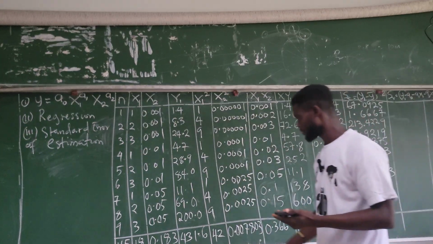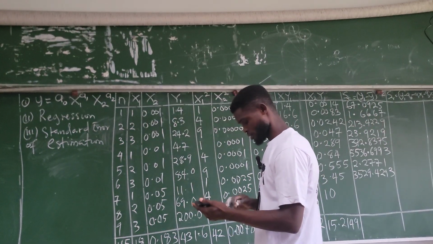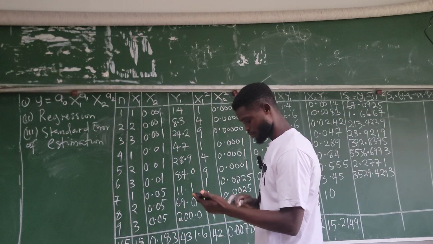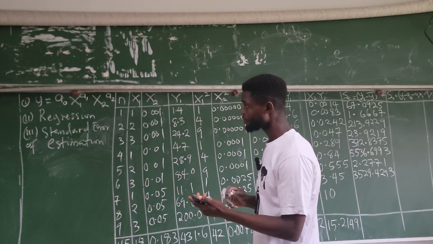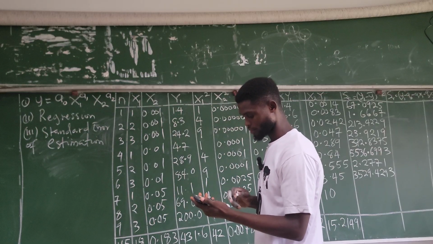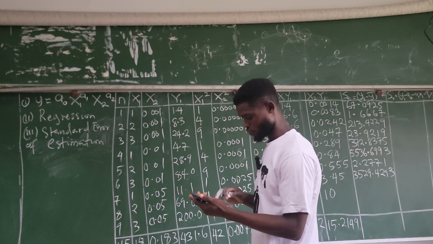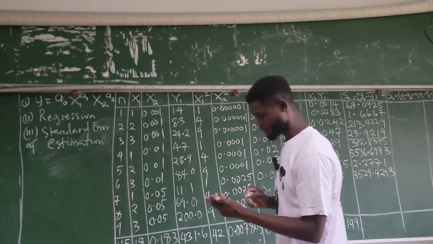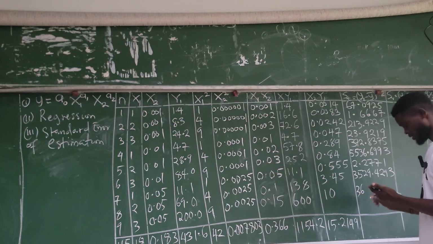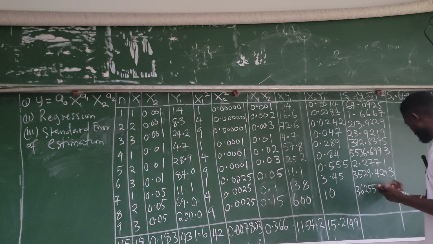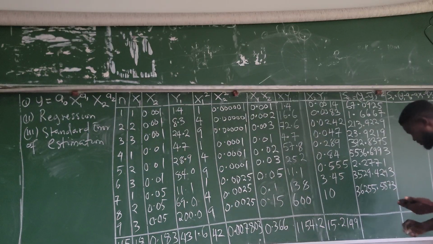So the last one, which is 200.0 minus 9.591, then you square it. That gives us 3625.5873. So that is for our St.